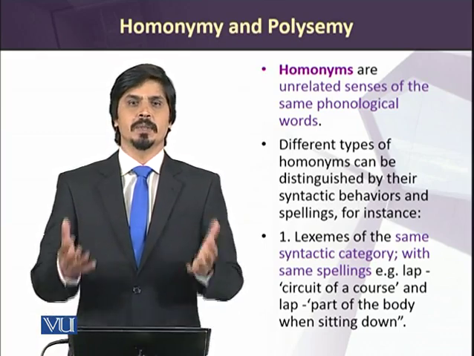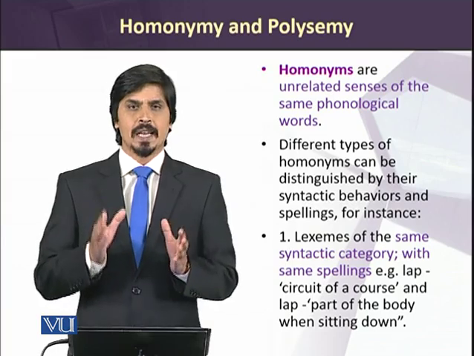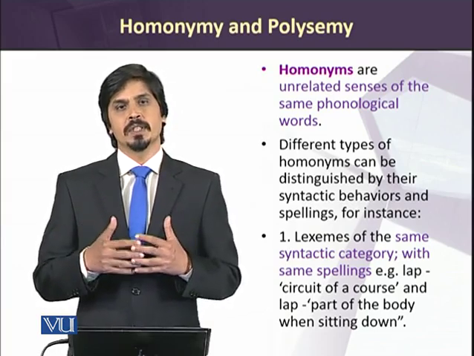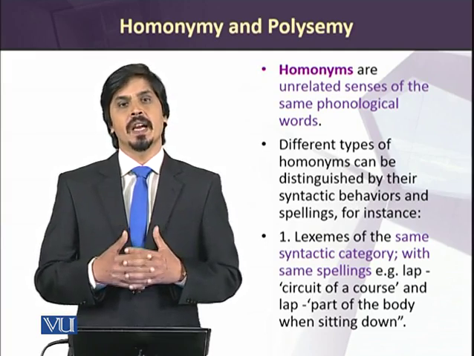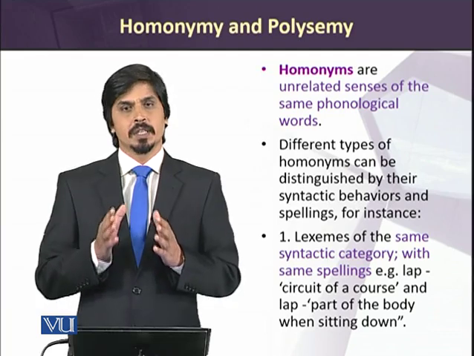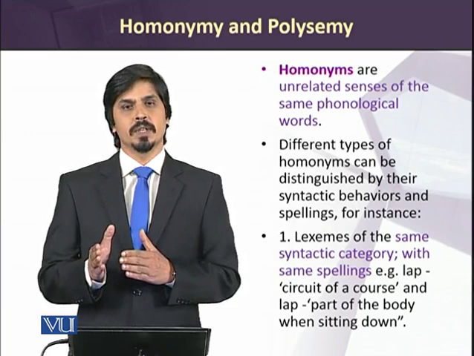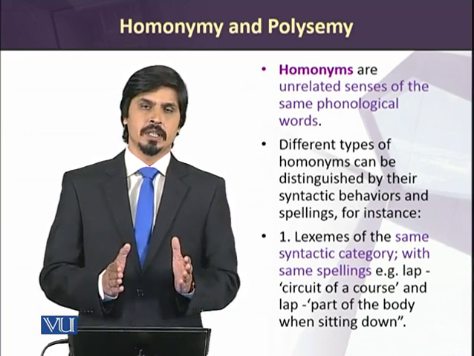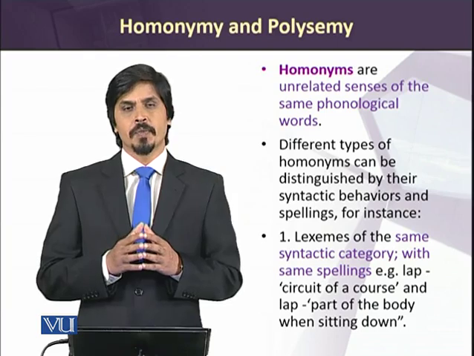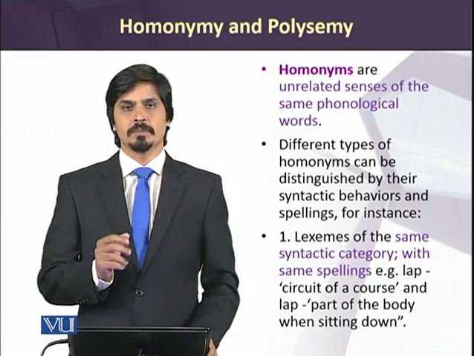So we make somebody sit down in our lap, or we put something in our lap. L-A-P, lap, both these examples are nouns, but they mean different things. They have the same spellings also. One is for one thing, another is for another thing. So we can say they may sound similar, but they have two unrelated senses or meanings.